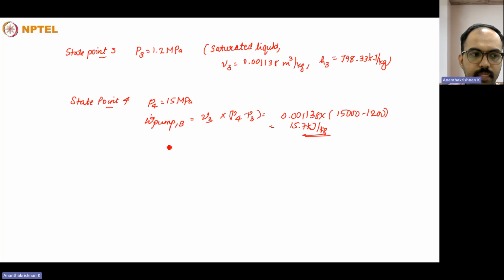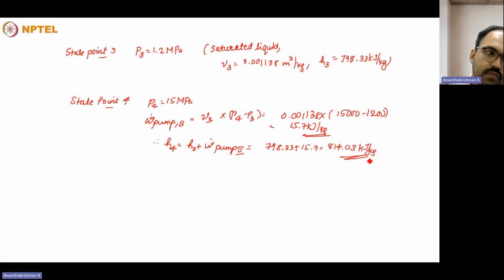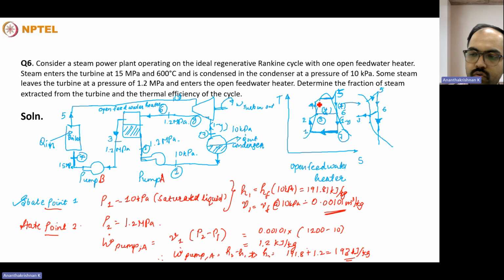Therefore, H4 will be equal to H3 plus the work in pump B. So basically H4 will be 798.33 plus 15.7, equal to 814.03 kilojoule per kilogram. So we get state point 4 as well. The left hand side is done, so we know all the state points there. Now we move to the right hand side.